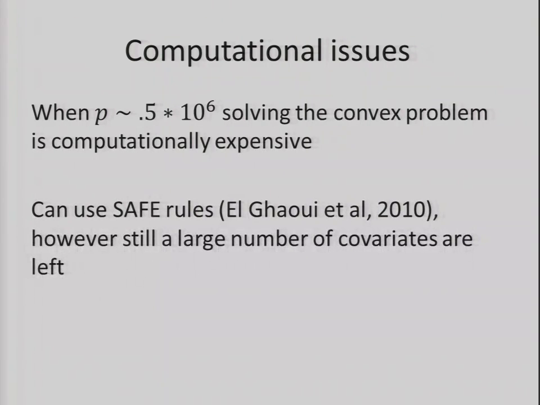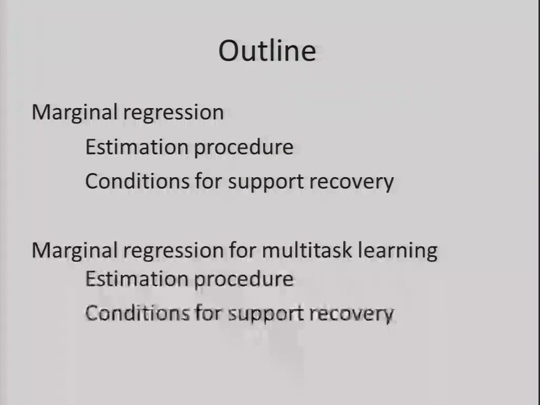However, it's still a challenging problem to solve a regression problem when the number of predictors is 500,000, say. Even rules that can discard certain features before the optimization problem is solved are not always useful or do not reduce the dimensionality to something feasible.